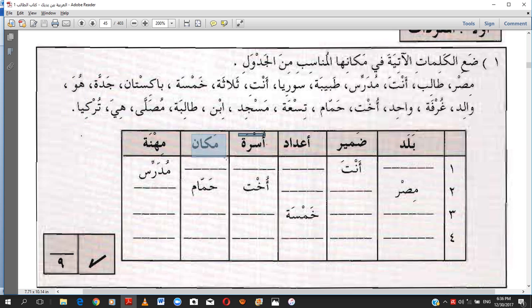The next section said makan, which means rooms? No. Place. Makan. Night and day. And the last one is mihna, which means what?